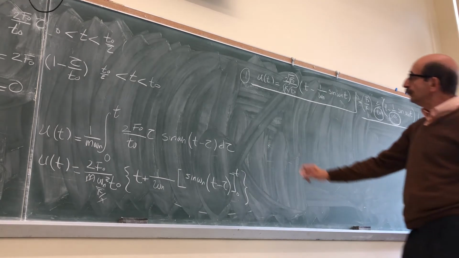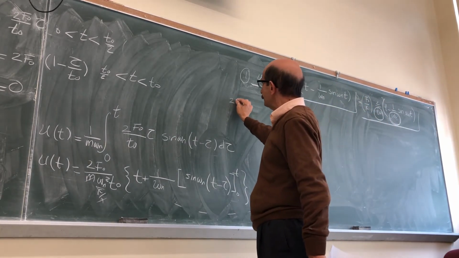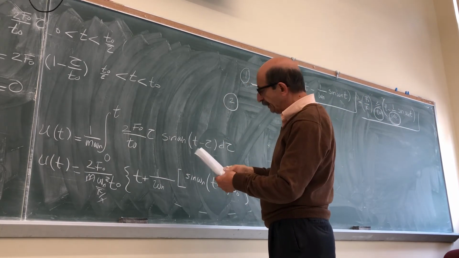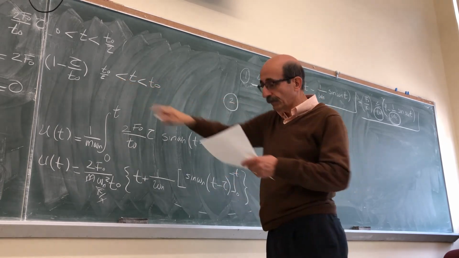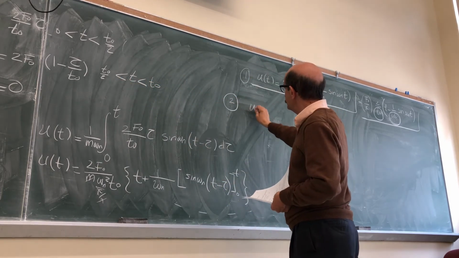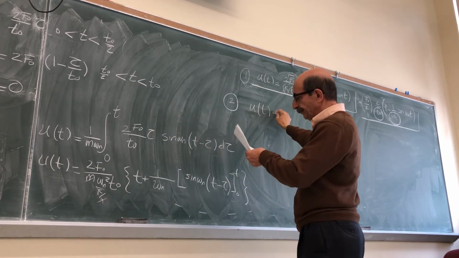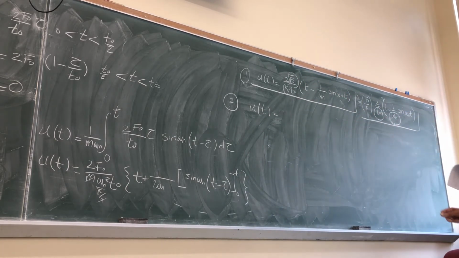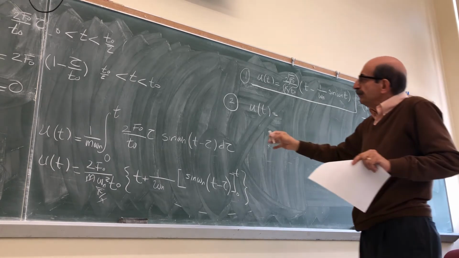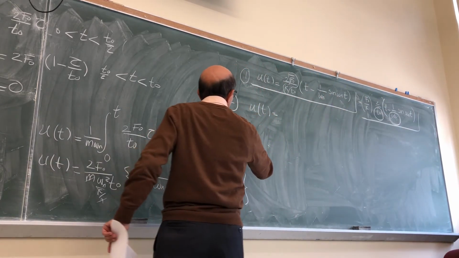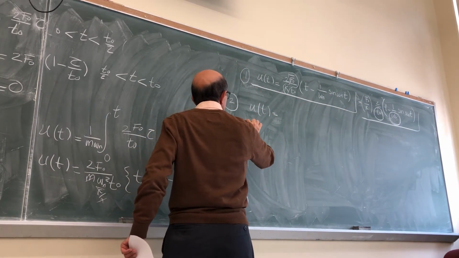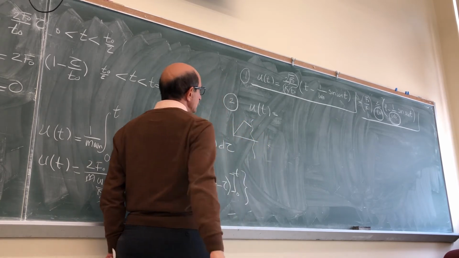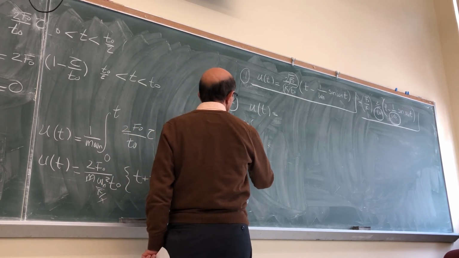Okay. So let's do it for the second case. For the second case, again, if you go to that table, you see that u of t can be derived this way, right? What happens here, basically, for the second case, you're talking about any time here, right?